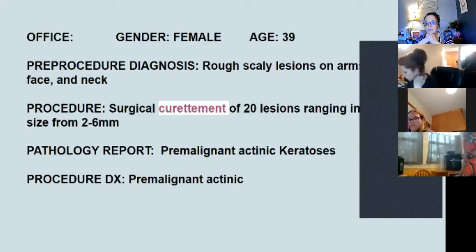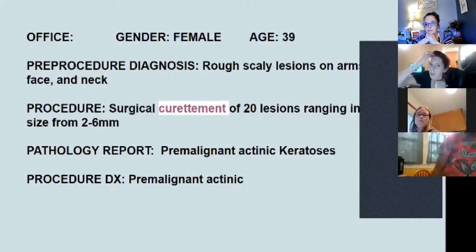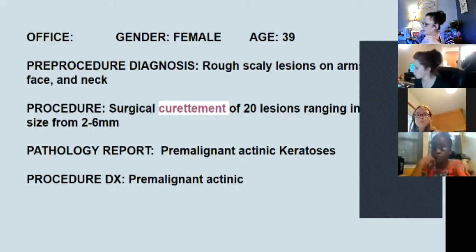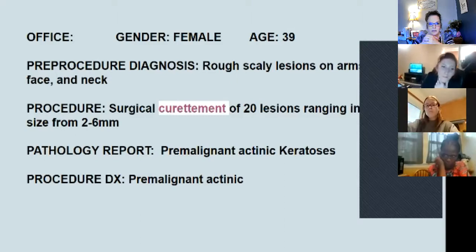What do you think, Ange? So the only thing that is throwing me off is the size, and I'm not sure. Like I'd have to go back and look in the book to see if the size was. Okay. Size doesn't matter here. Okay, then I would say 17004.